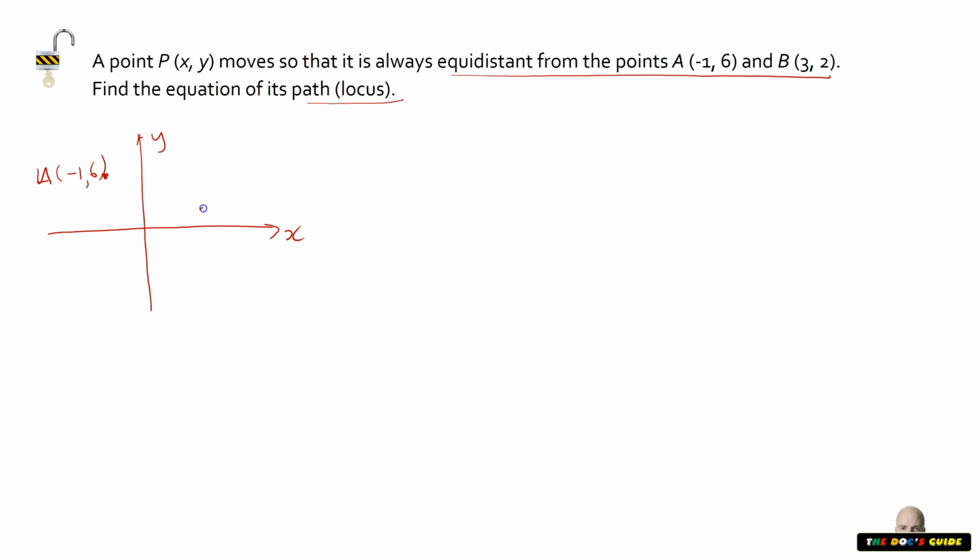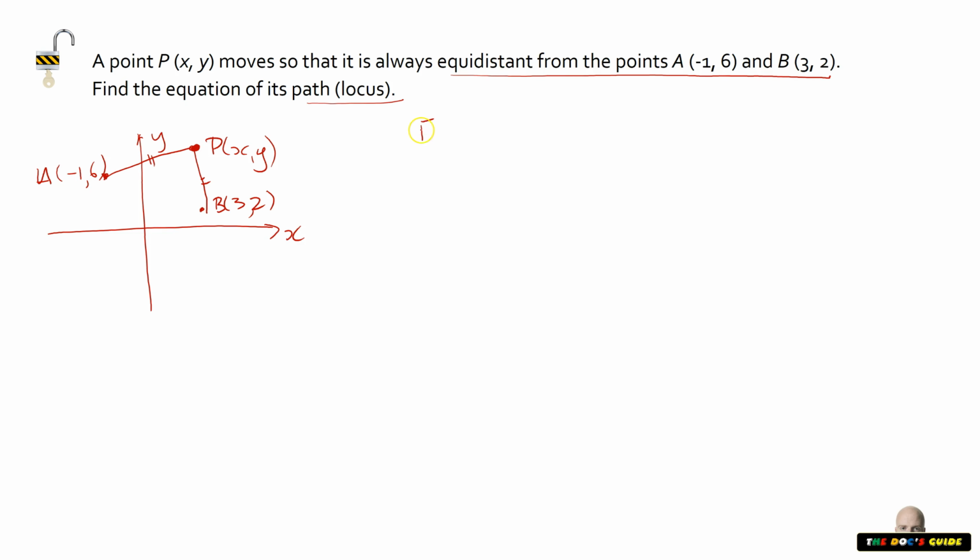B at (3, 2), so here somewhere. I put my general point P onto here and indicate my condition, which is that it's equidistant from A and B. So these two distances have to be equal.